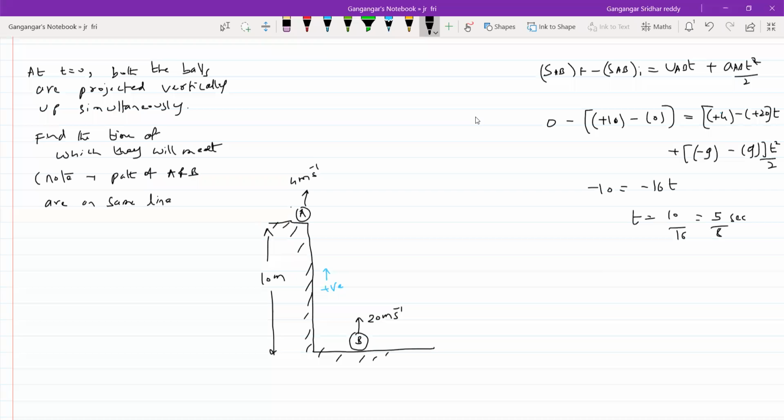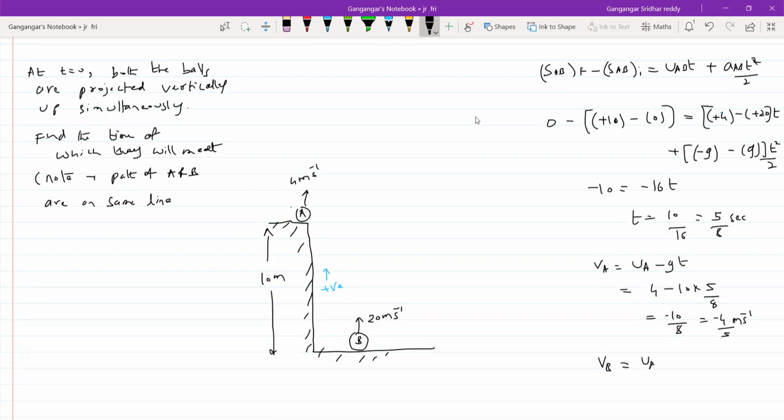We'll calculate velocity, so we'll get some exact picture. What is the path? So u_A is how much? 4 minus 10 times 5 by 8, 40 minus 50, 10 by 8. This will be 4 by 5, minus, no. Now we have to interpret that sign also.